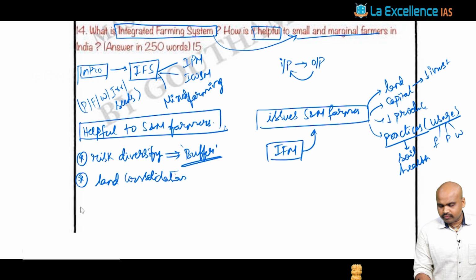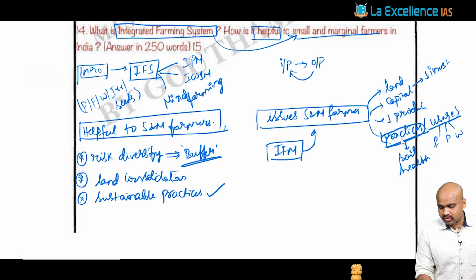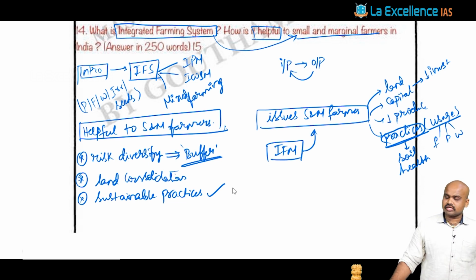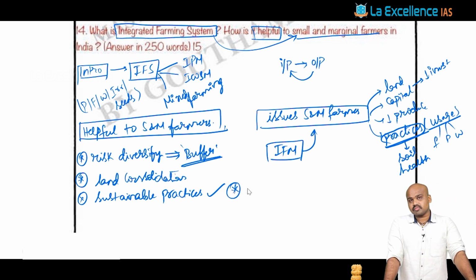Not only that, with respect to how it is helpful to the small and marginal, we would also see that land consolidation can happen. And not only land consolidation, but we also talk about sustainable practices that are promoted, because we have seen that one major issue is they are using intensive agricultural practices which are exploiting the resources.